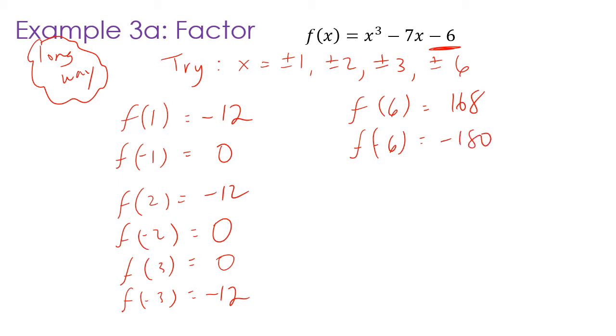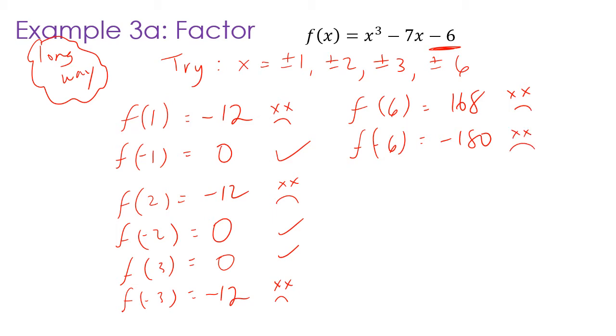And that's just using your calculator. Factor theorem states that only if you get a remainder of 0 is it a factor. So this, not a factor. Got 0, that's a factor. Nope, yes, yes, no, no, and no.